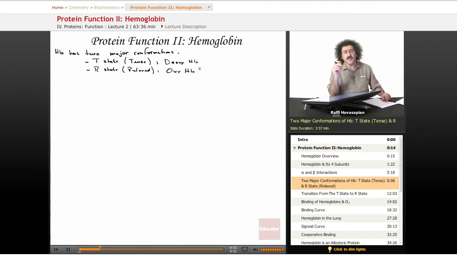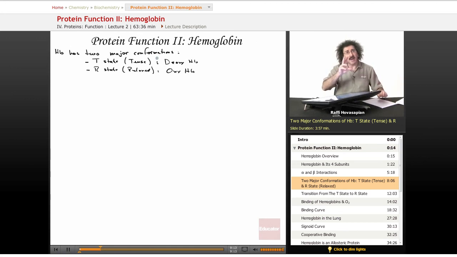So when oxygen is bound to it, the more oxygen that's bound, the more the hemoglobin is in an R state. When we say it has 2 major conformations, we're not saying it goes from T to R, boom. There is a transition. You have 4 oxygen molecules binding to the hemoglobin.